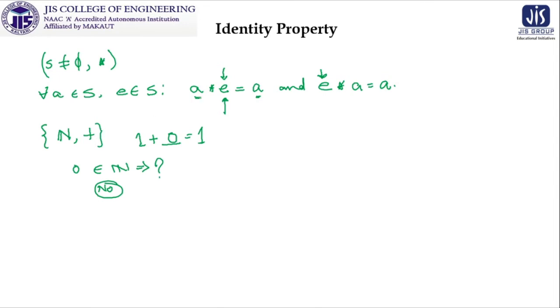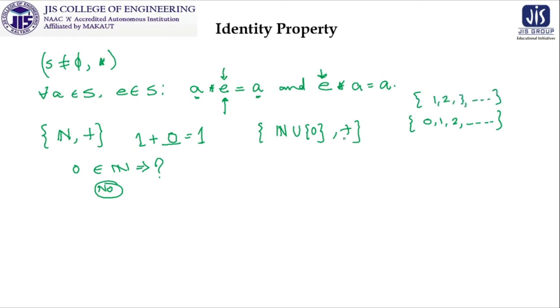But if you take the set of natural numbers union the element 0, meaning you are considering it along with this set with addition, your set becomes 0, 1, 2, 3 and so on instead of 1, 2, 3 and so on.